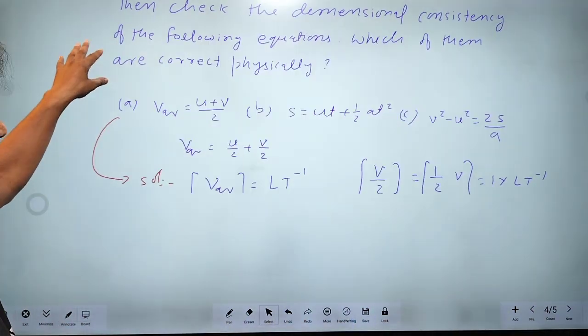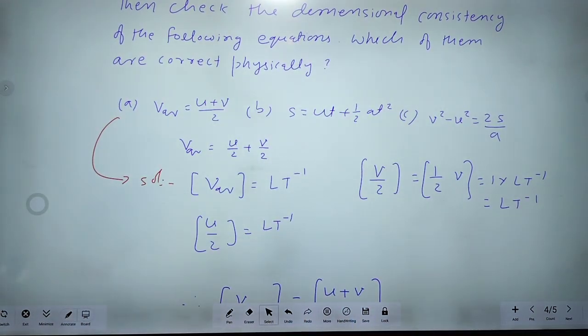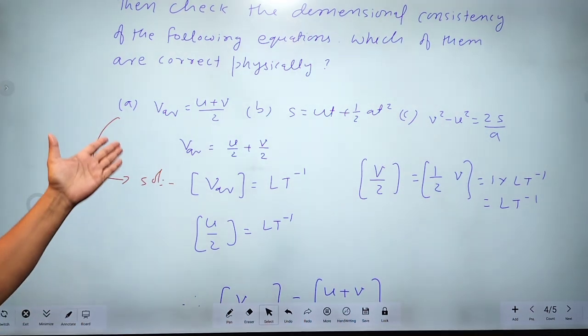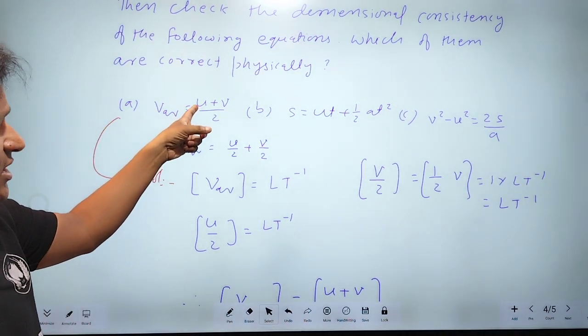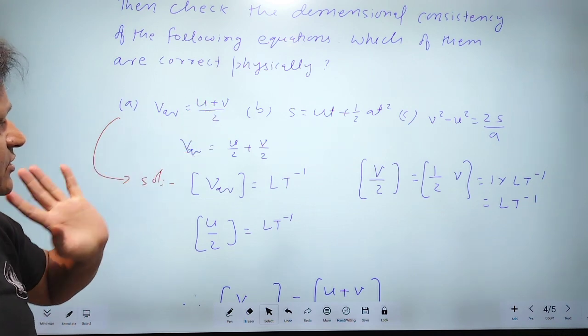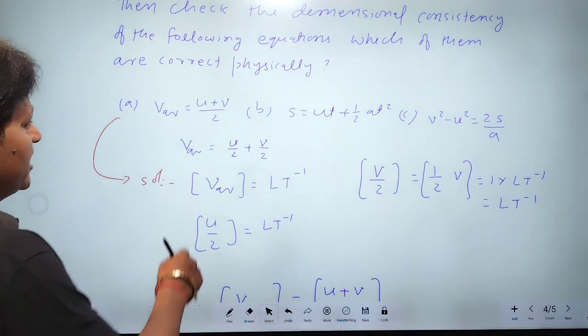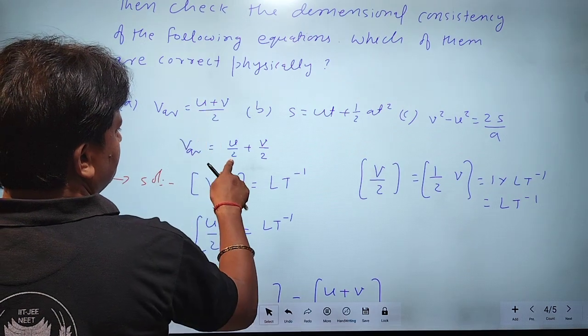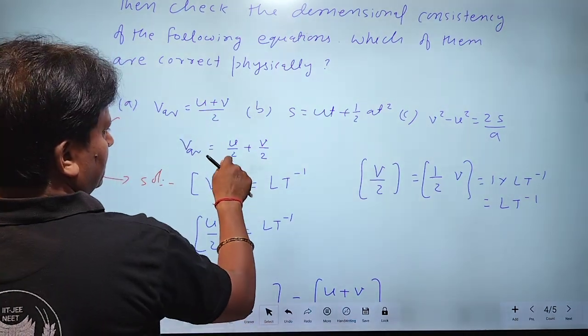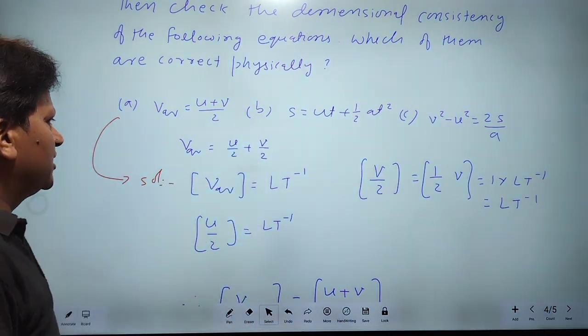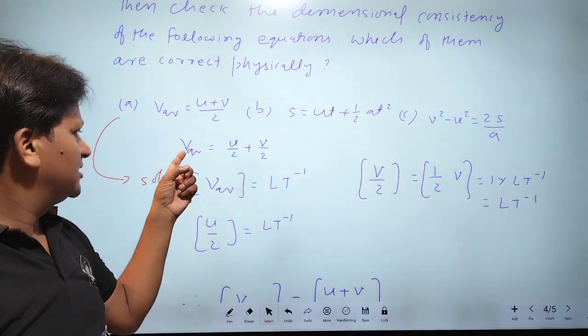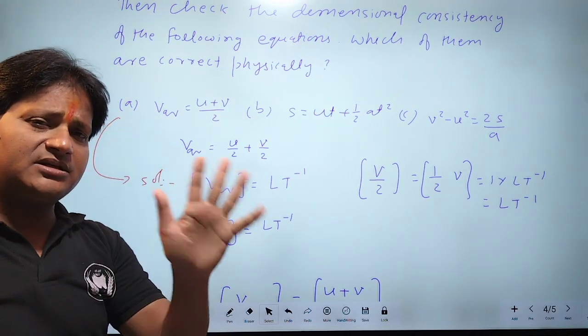I am going to solve the first question. V average will be equal to (u plus v) by 2. You can write this formula in this form: u upon 2 plus v upon 2. Here in this equation there are three terms.